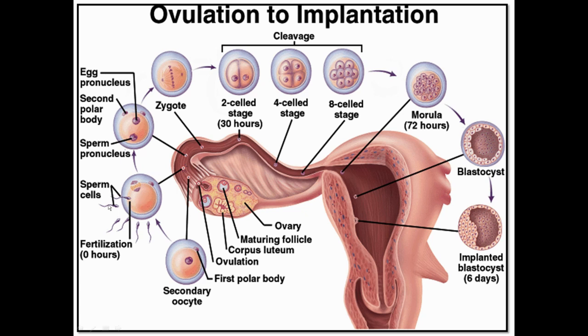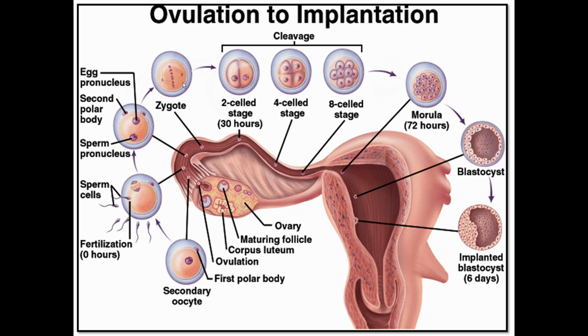Okay, that is ovum, and sperms try to penetrate inside the ovum, and then there will be the pronucleus, that is formed by the division of secondary oocyte from second polar body, and this is the ovum pronucleus which we are talking about. Then there is sperm pronucleus, and these two nuclei are going to fuse to form the zygote, and ultimately zygote is going to divide into 2 cell stage, 4 cell stage, and 8 cell stage.